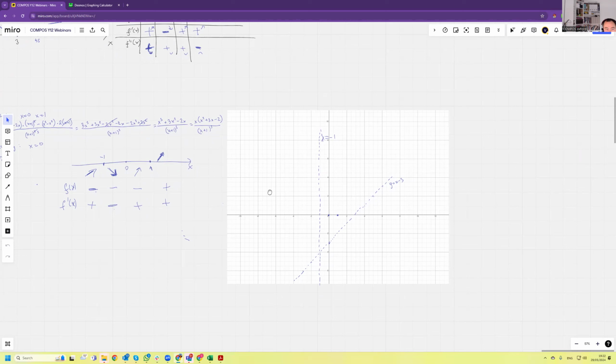Doesn't make any sense. Decreasing, increasing, increasing. So it looks like the graph would be like this. Should be like this. And like this.